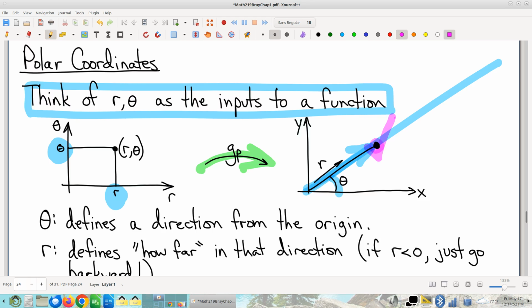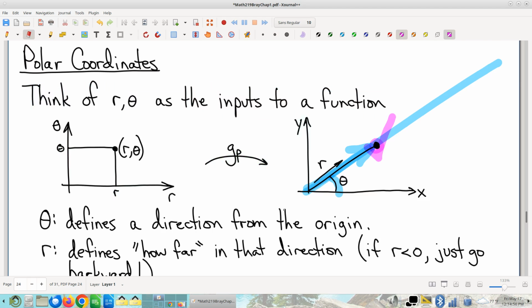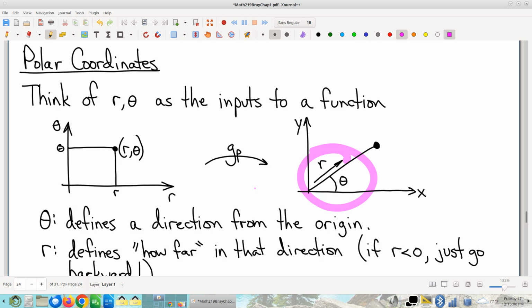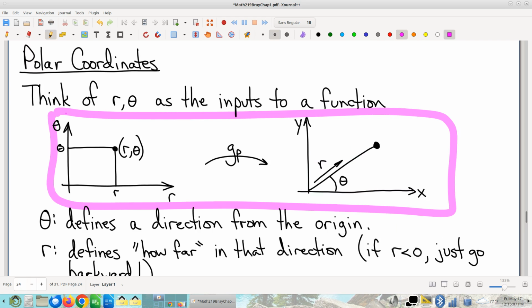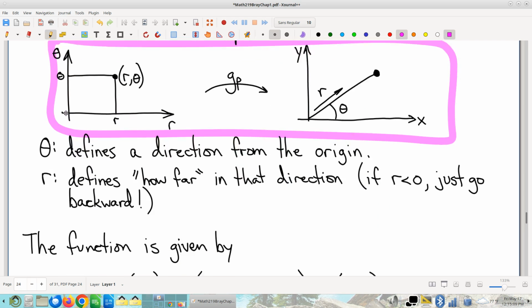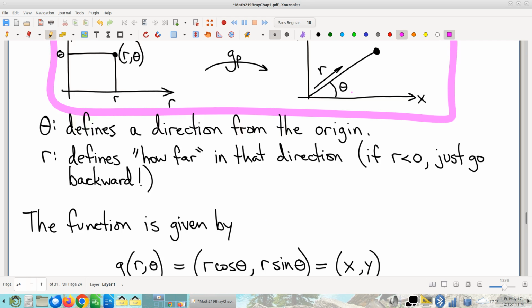So this is one way to think about polar coordinates. Now again, it is tempting to think of polar coordinates as being something that you see right here in the plane, and in fact that's even okay in a lot of senses, but I think it's very valuable to think of the function that does this, and it's not hard to persuade yourself what that function is.